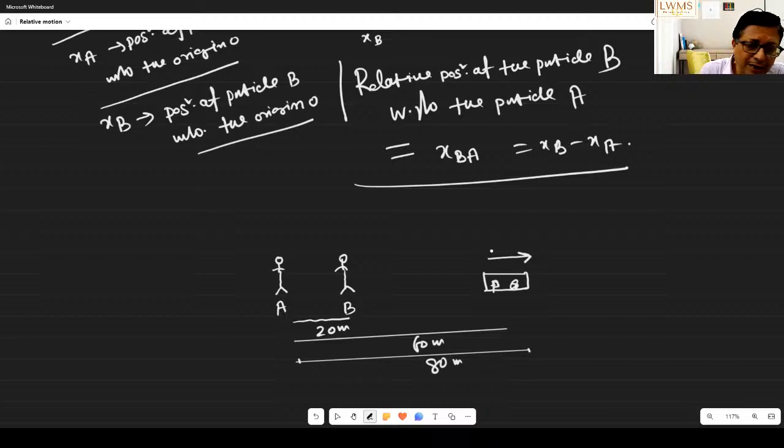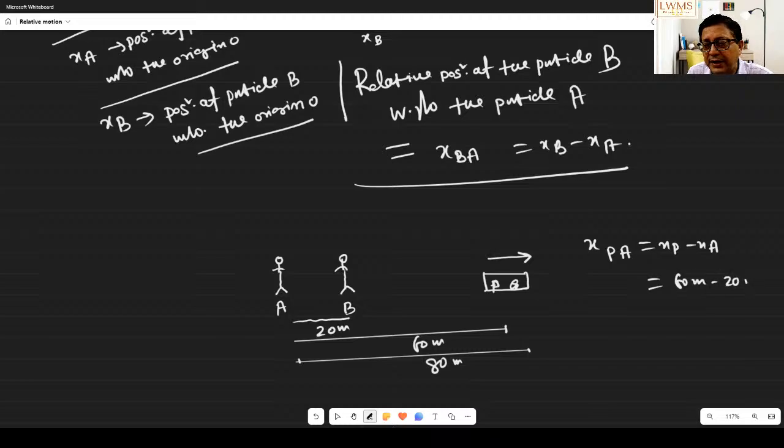It's moving, but at this arbitrary instant we want to find this XPA. What will be the answer? This is nothing but XP minus XA. XP I have taken 60 meter. 60 meter minus 0, that is 60 meter. What about XQB? This is XQ minus XB.